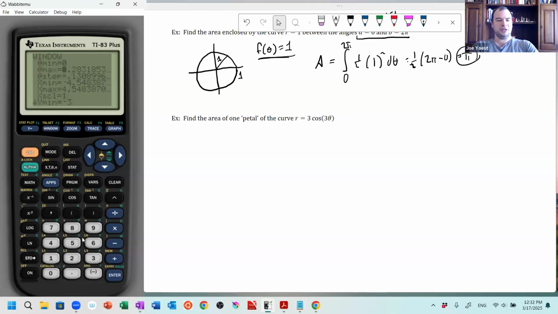What if I go from 0 to say 4 pi? Other than seeing that it's still calculating for a while, it actually looks exactly the same. I don't know if I've traced out this curve once or twice or 5 times. Let me go to my window and go back to 0 to 2 pi.